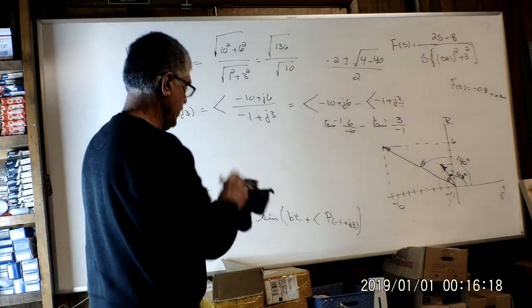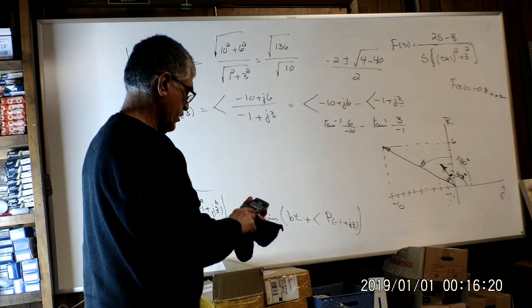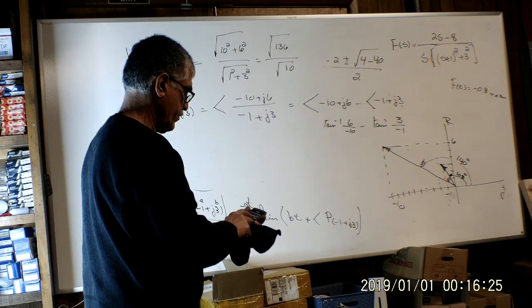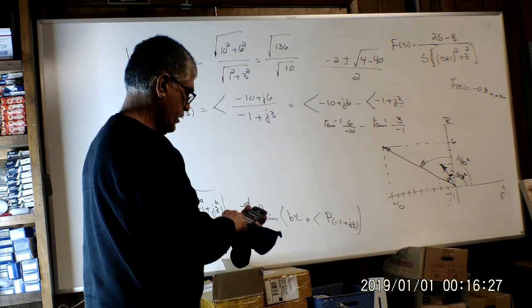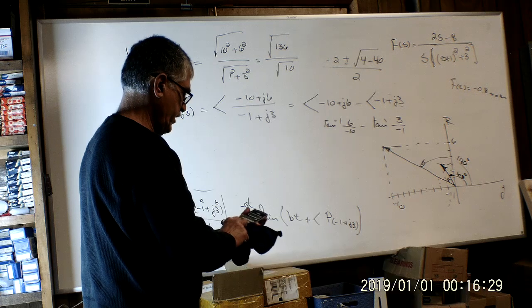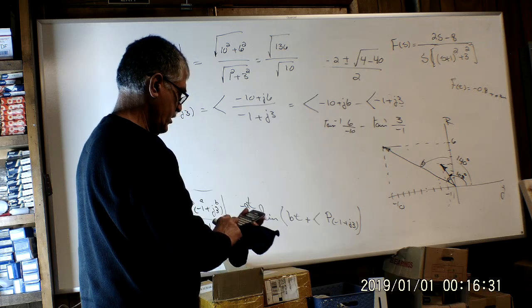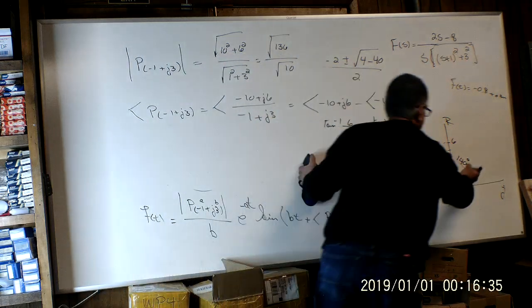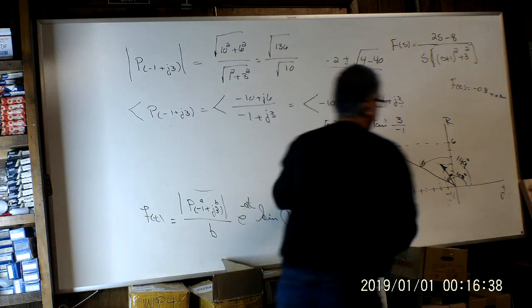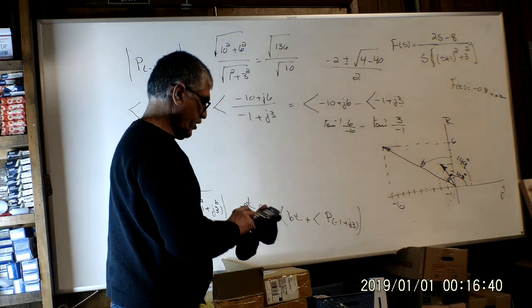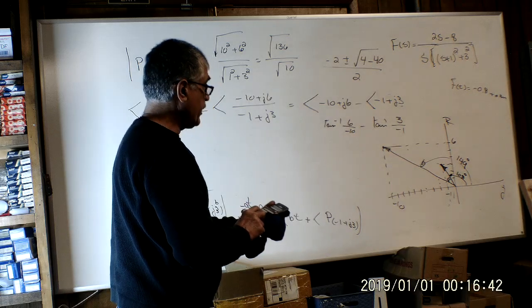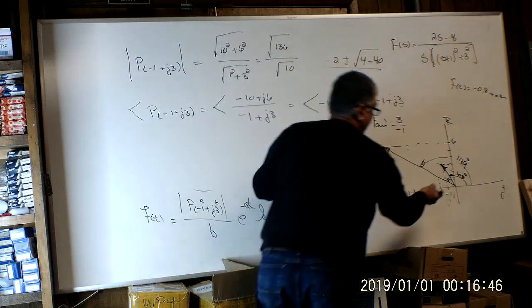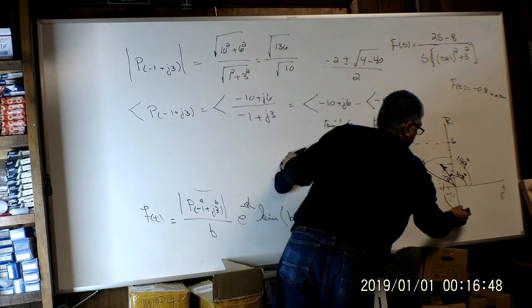Sorry, let me see. Inverse tangent of 0.6, minus 180. This is 149. Sorry, this is 149 degrees. So 149 degrees minus 108. So this angle here will be 41 degrees.